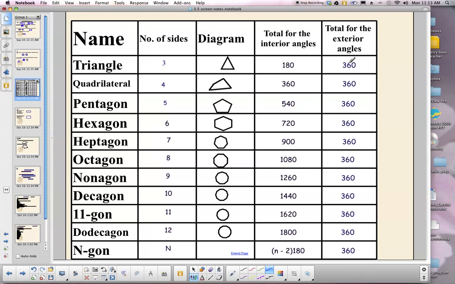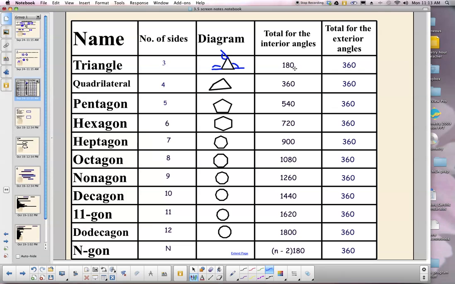What's interesting is that the exterior angles, these angles that are sitting on the outside here, if I look at 1, 2, 3 of those, the 3 exterior angles have to add up to 360. Notice that for each time you go up by 1 side length, it goes up by 180 degrees.